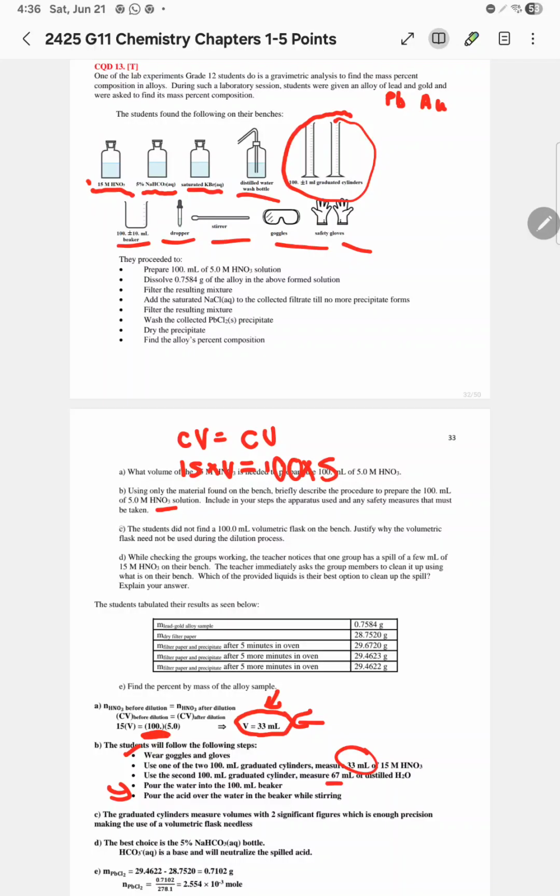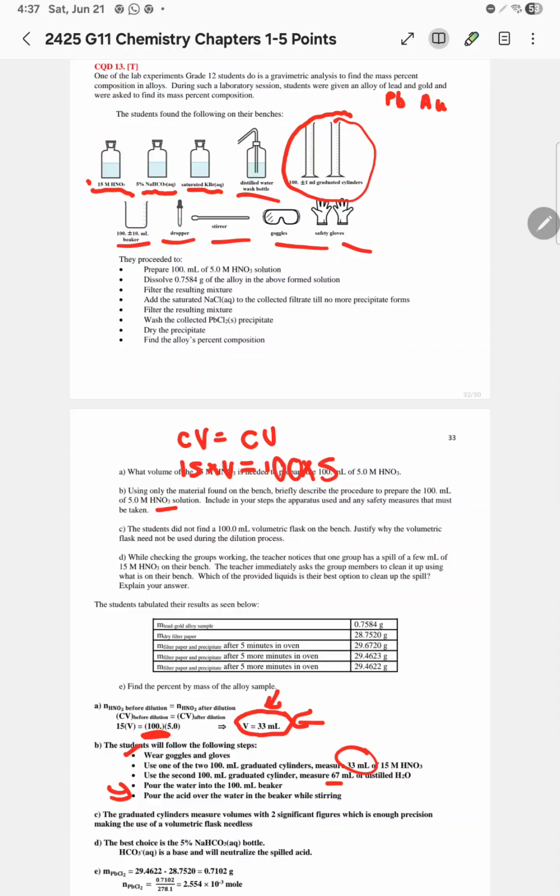Now, part C, the students did not find a 100 milliliter volumetric flask on the bench. Why was the volumetric flask needed? Justify why the volumetric flask need not be used during the dilution process. It's because the graduated cylinders measure volume with two significant figures, which is more than enough precision, making the volumetric flask way too precise.